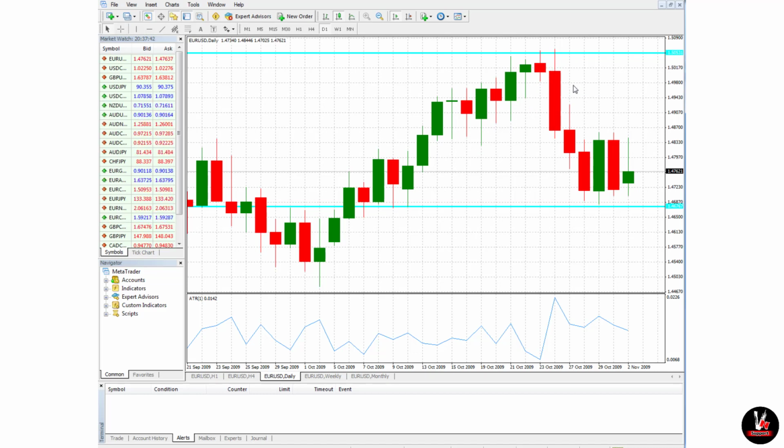But how the breakouts work is you basically choose the time period, and this is daily. Then you choose how many days, or if it's a weekly chart, how many weeks you want to use for a breakout. Now in this case, that was a 10-day.